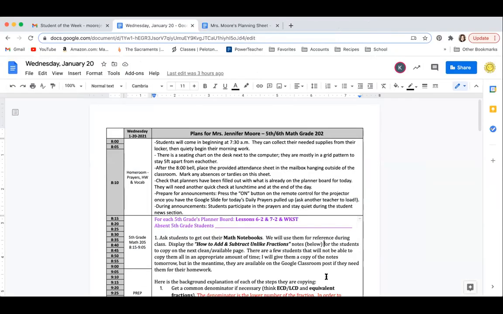Let me pull up one of the worksheets. Now, if you don't have your worksheet with you, it's totally fine. You can just write down the fraction addition problems and fraction subtraction problems on a piece of loose leaf, okay? Let me see if I can find those on my desktop.